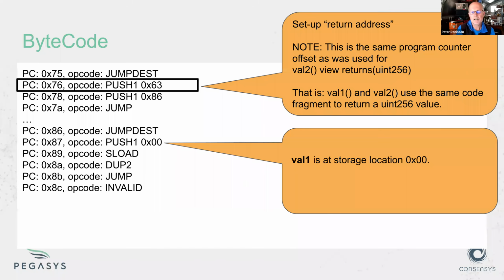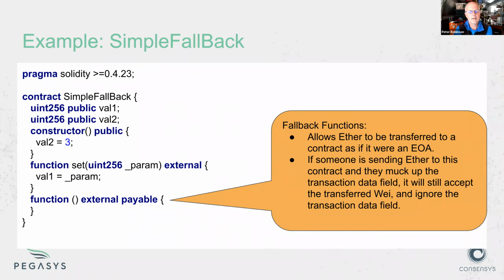So what about if you want to be able to have people send Ether to the contract? You could have a function which is payable, but if you just want normal non-function-call transfers, you need what's called a fallback function, and it needs to be payable.